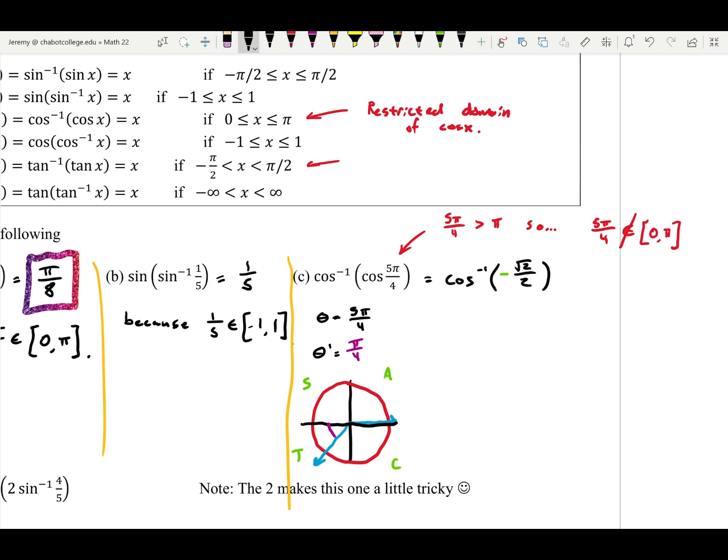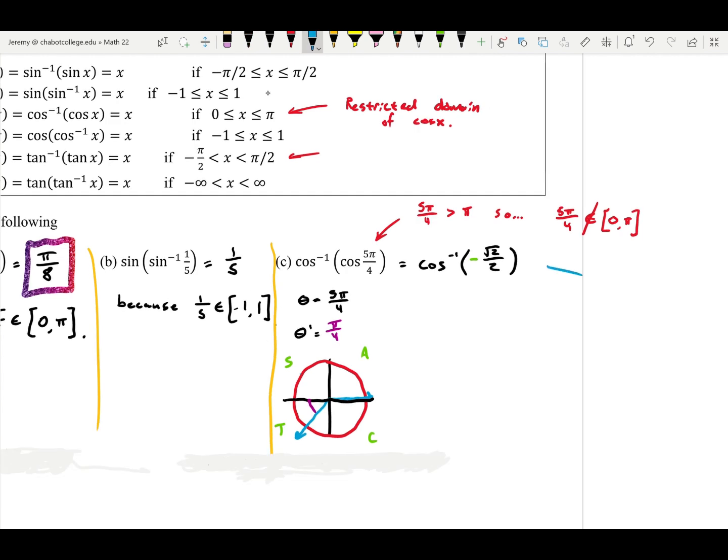All right, so we evaluated cosine of 5 pi over 4 using reference angles. Now, what is cosine inverse of negative root 2 over 2? Cosine of what angle theta is equal to negative root 2 over 2? And we are looking in the top half of the unit circle, remember, between 0 and pi.